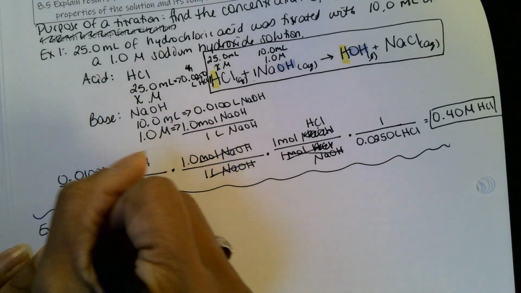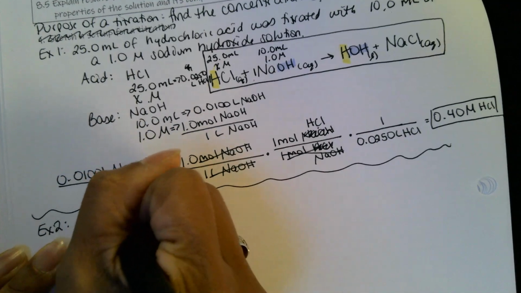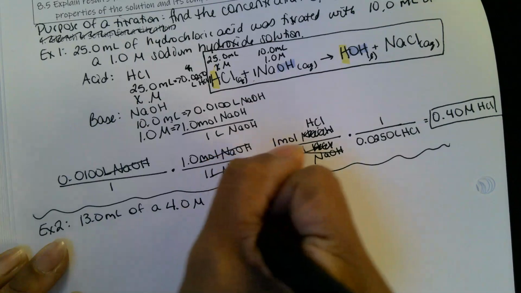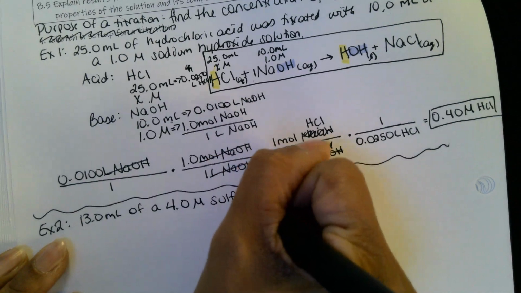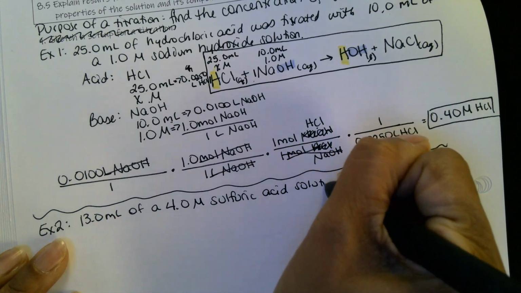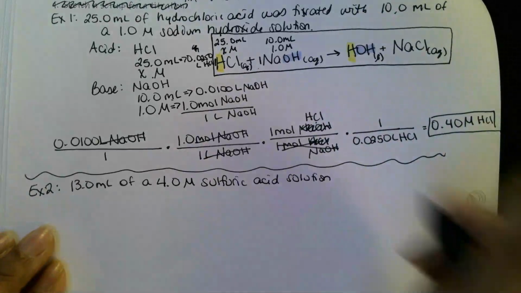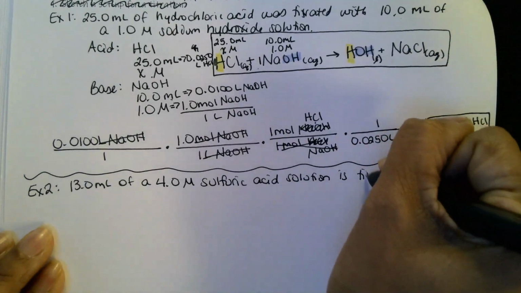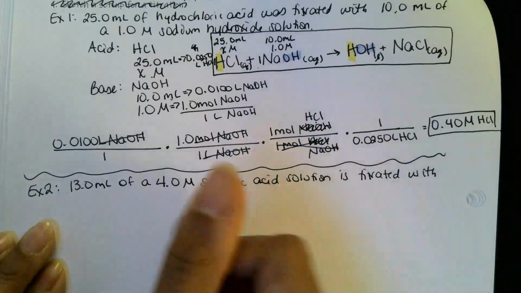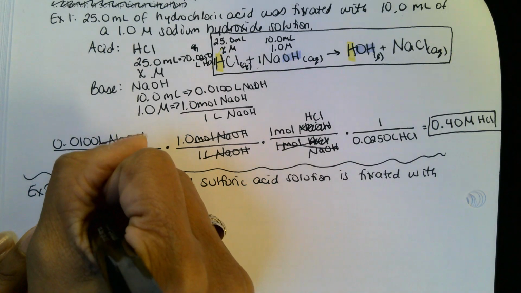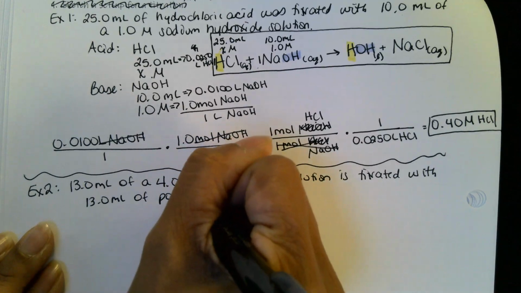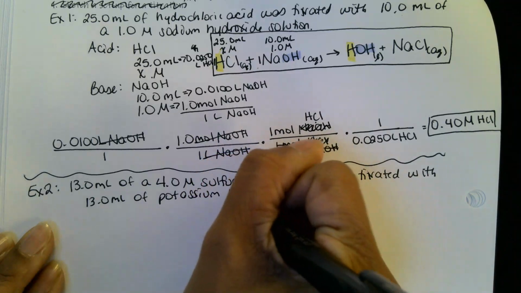Let's say I have 13 milliliters of a 4.0 molar sulfuric acid solution is titrated with, let's say, 13.0 milliliters of potassium hydroxide.